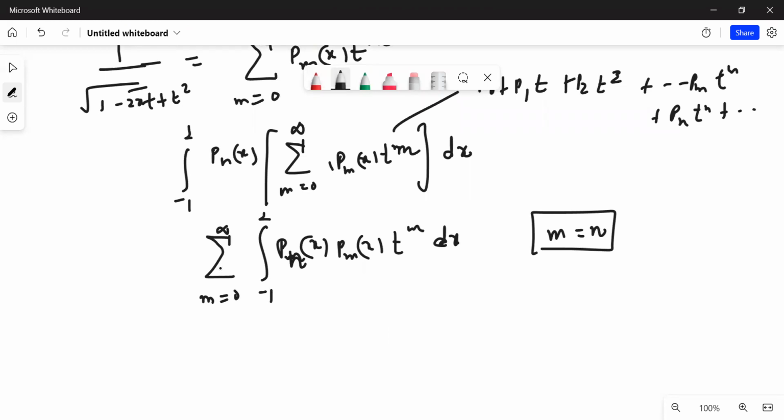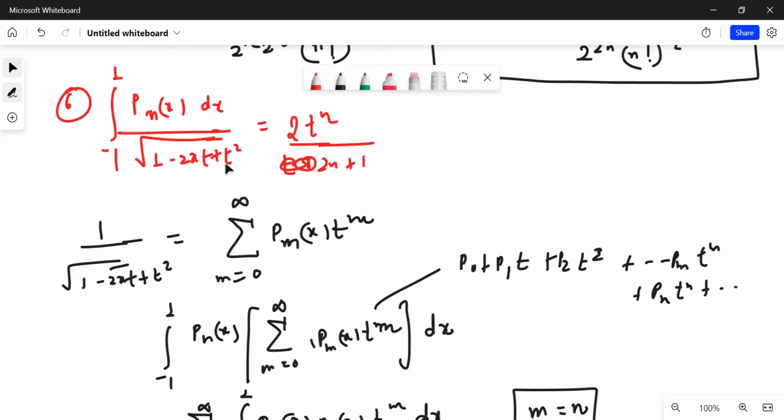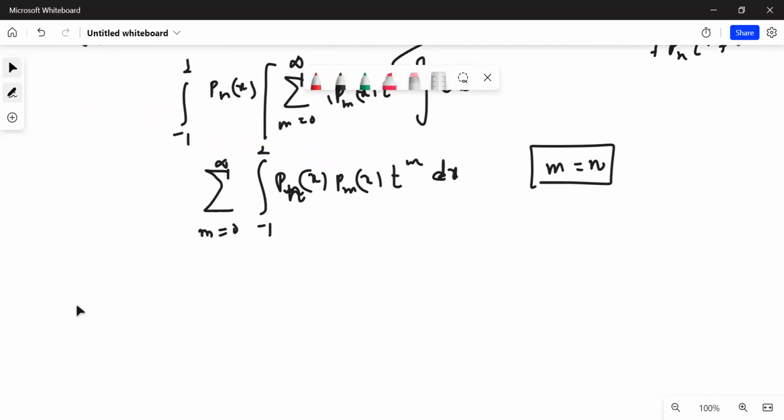Is that clear? So your integration on the left hand side, I copy it here. This integration can only have a non-zero answer if m is equal to n.